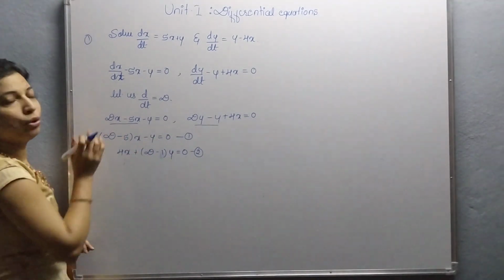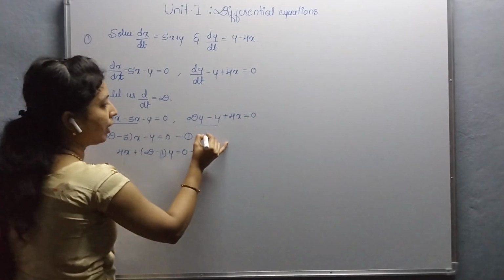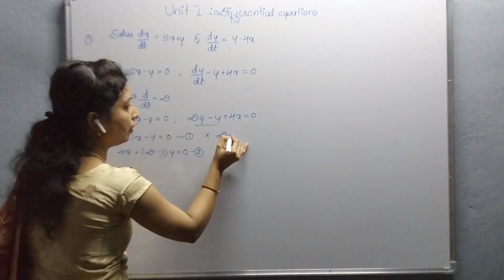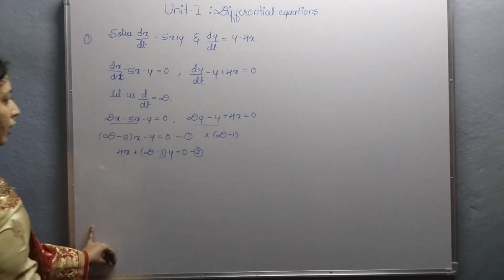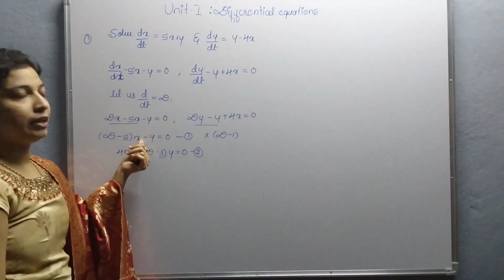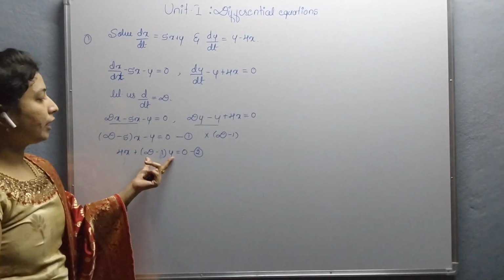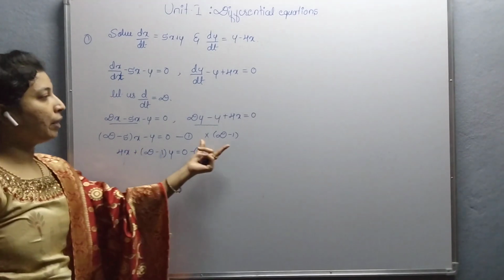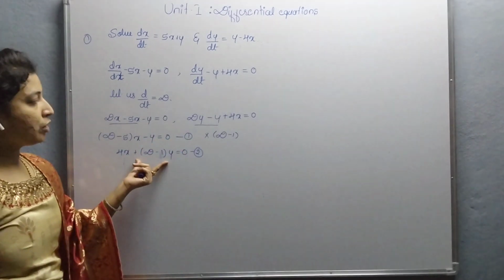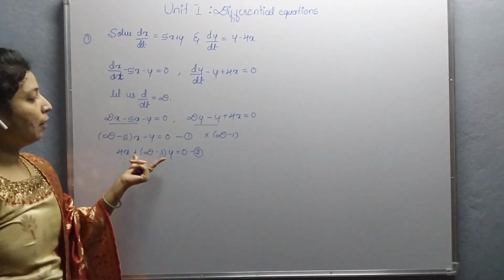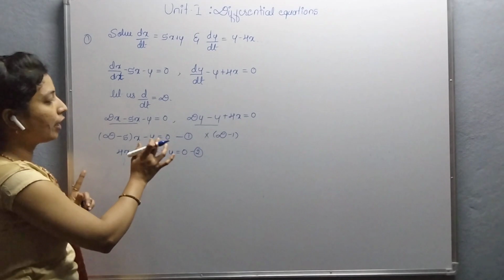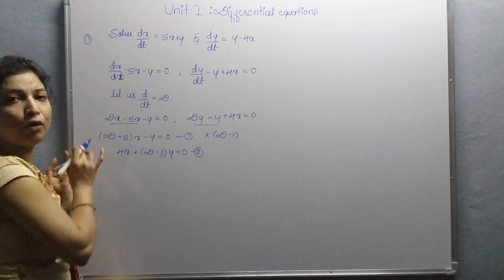Now we have to solve these two equations. For this we multiply equation 1 by (D minus 1), because here the term y contains minus 1, so here the term contains plus 1 as coefficient. By multiplying (D minus 1) to equation 1, it becomes (D minus 5)(D minus 1) x minus (D minus 1) y is equal to 0, and equation 2 is as it is, 4x plus (D minus 1) y is equal to 0. Then adding these two equations, we get the equation in x only.